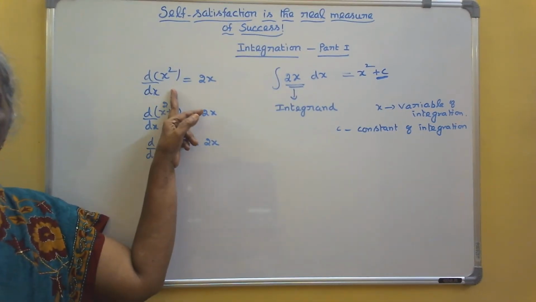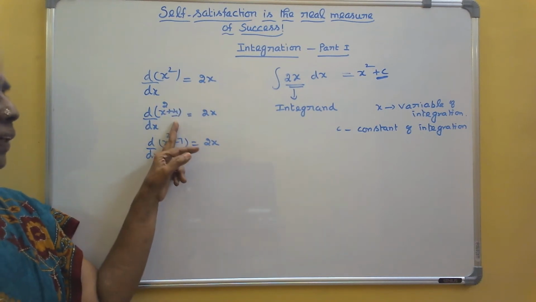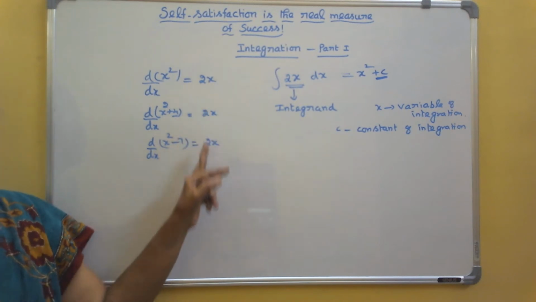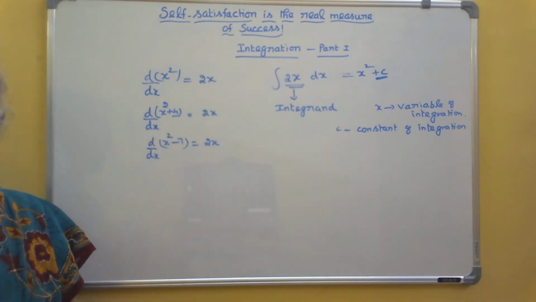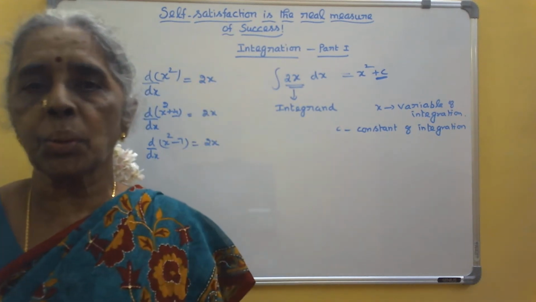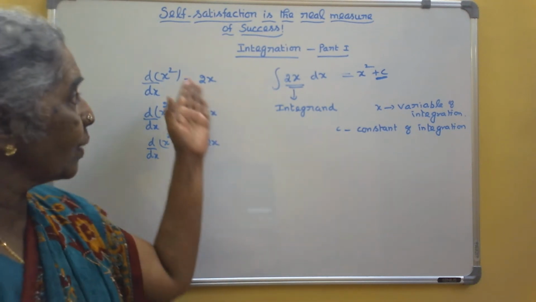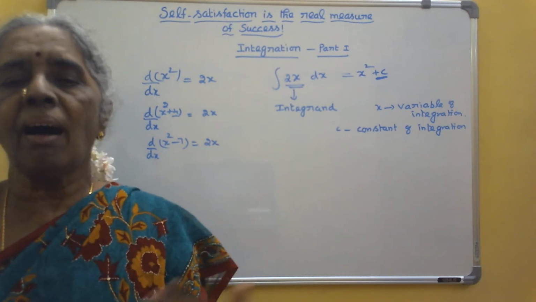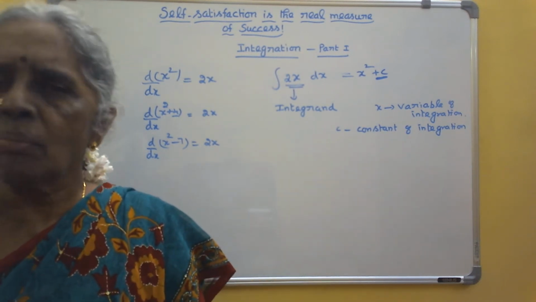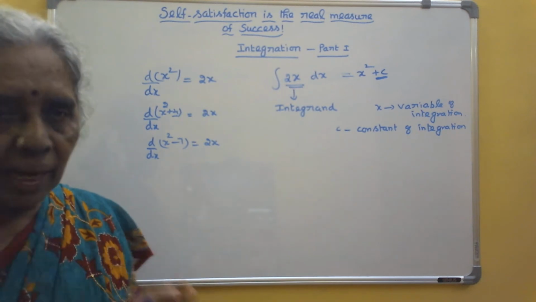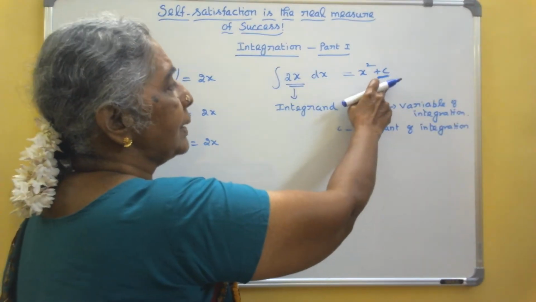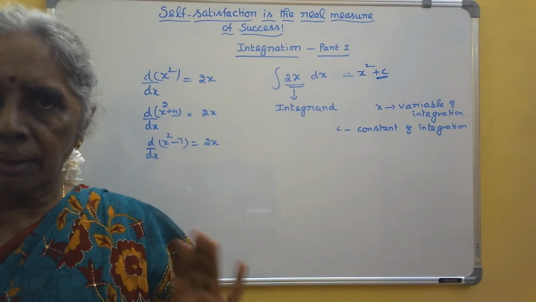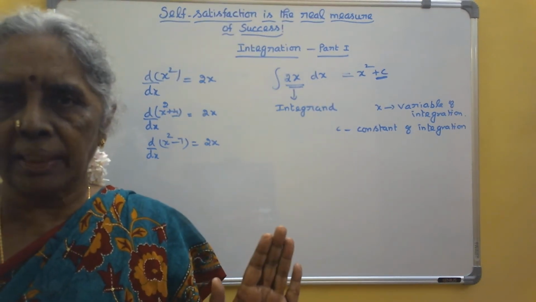So, whether you differentiate x squared, x squared plus 4, or x squared minus 7, you are getting the answer as 2x. So, if I integrate 2x, what will I write? Whether x squared or x squared plus 4 or x squared minus 7, or x squared plus or minus some constant, whatever it be, for that only we are adding one c, which may be of any value. So, is it clear why we add that constant of integration?